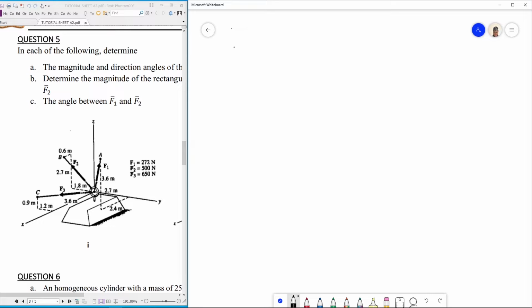So we'll get the position vector A. So RA is equal to, when we say RA, we mean position vector A. So according to the coordinates of A, RA will be 2.4 I plus 2.7 J plus 3.6 K. Okay, and to get the unit vector, we divide by the magnitude of RA.